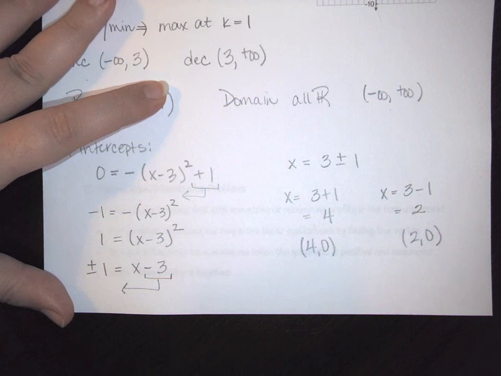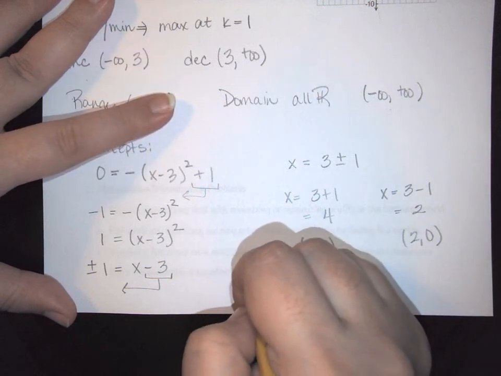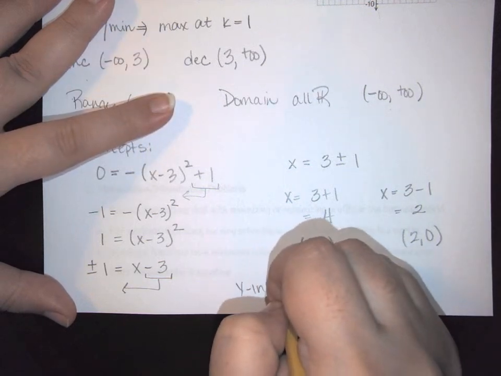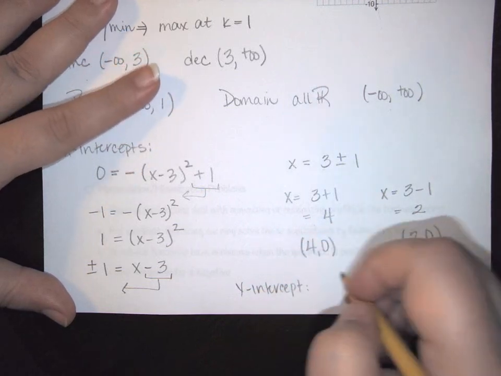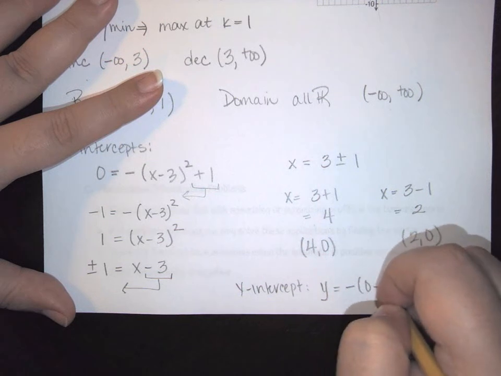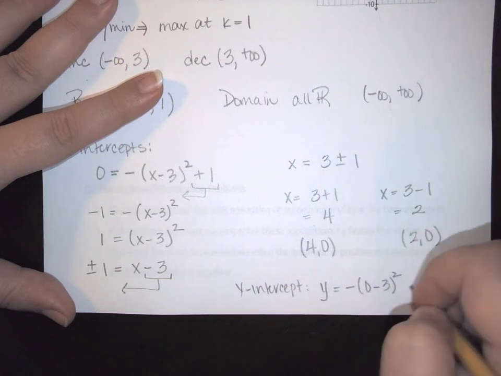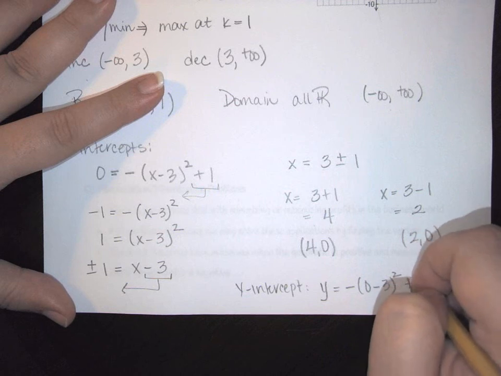Now about the only other thing that we could do is write your y-intercept value. When we're talking about your y-intercept, we are talking about x being 0, so here this would be y equals negative of (0 minus 3) squared plus 1.